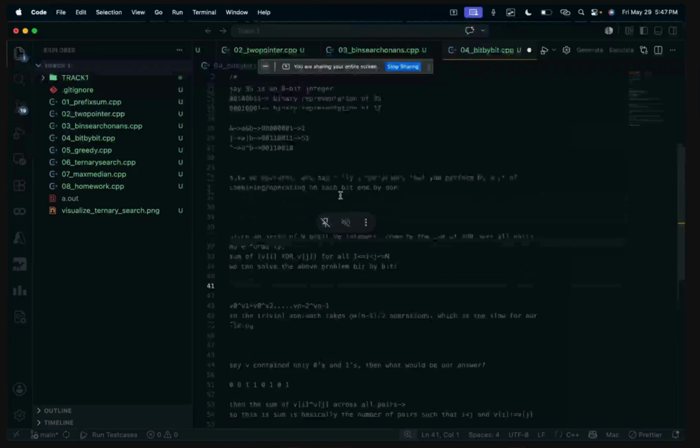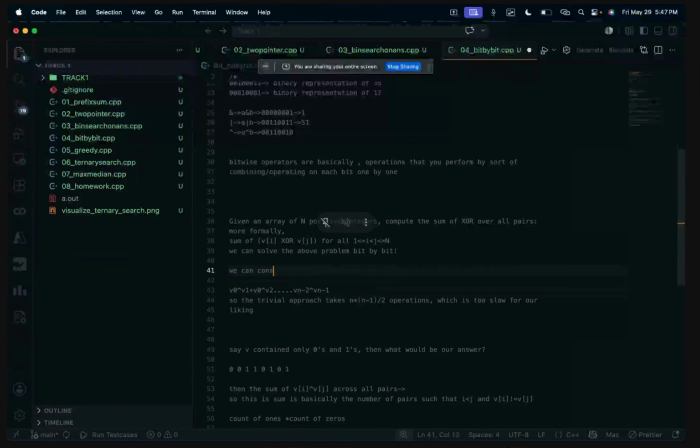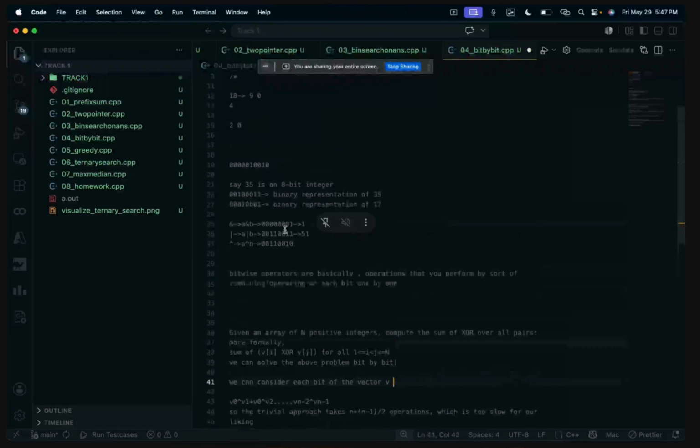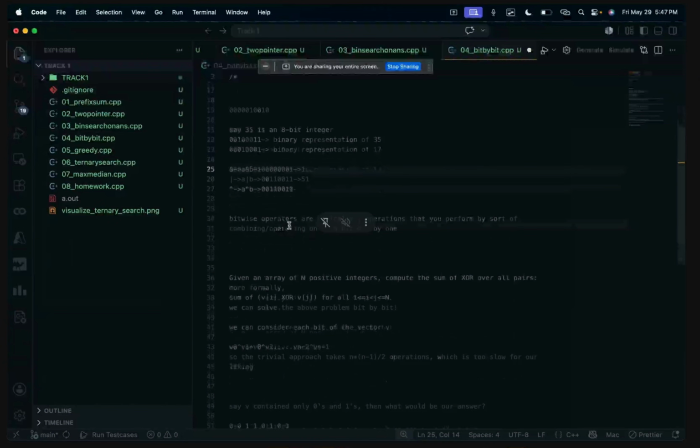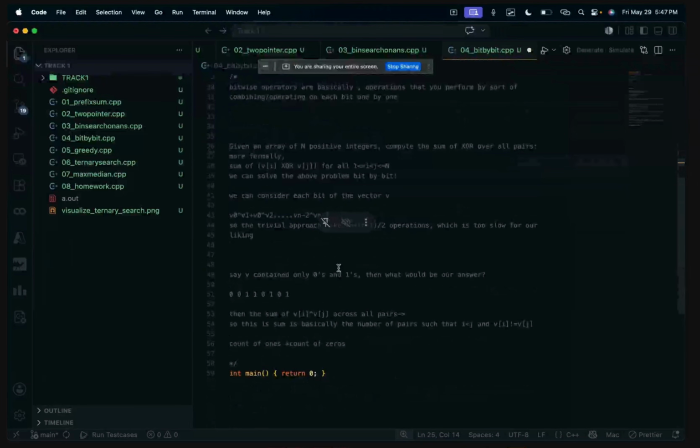So what that means is we can consider each bit of the vector v. I can split the problem into multiple subproblems. Say we can have the first problem handle the rightmost bit of all elements. The next problem can handle the second rightmost bit of all elements, and so on.